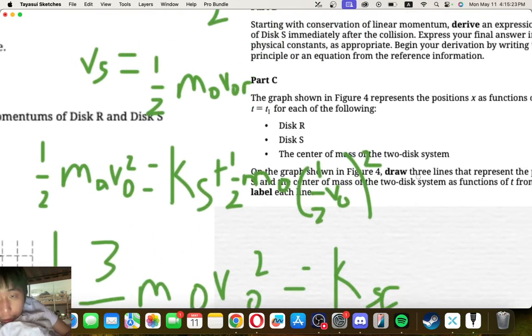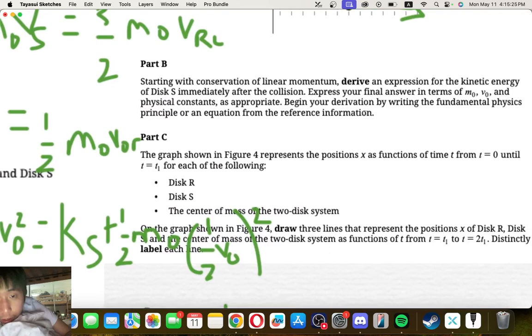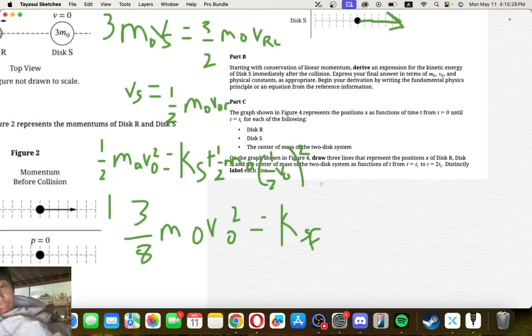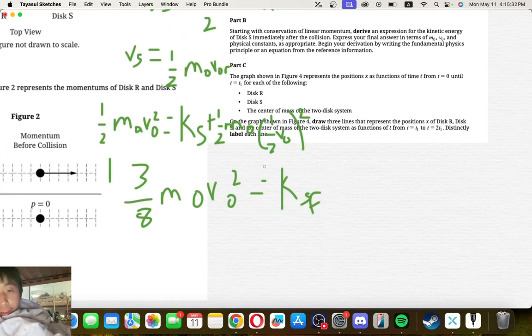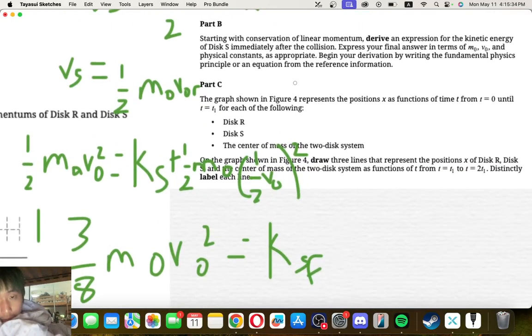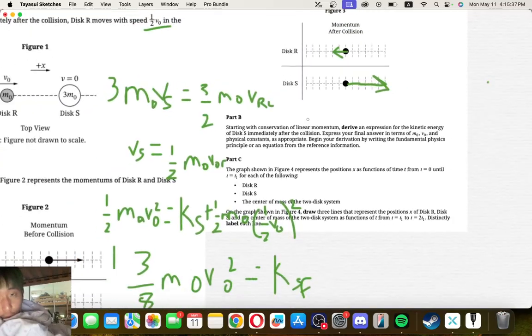Is that right? Yep, that should be around right. 1/2 minus 1/8 should be 3/8. Yeah, there you go.